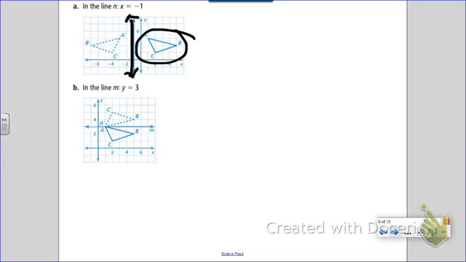A is 2 units to the right, so A prime, the reflected image, will be 2 units to the left. C is 3 units to the right of the line, C prime will be 3 units to the left of the line, and then B, again we count how many units to the right, we go the same number of units to the left. So this is the image right here.